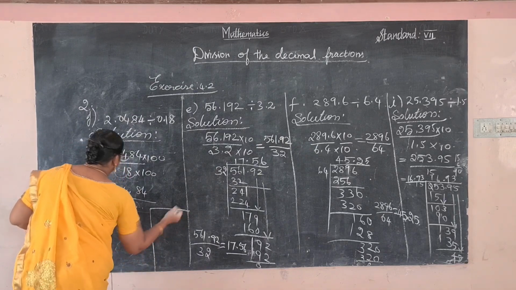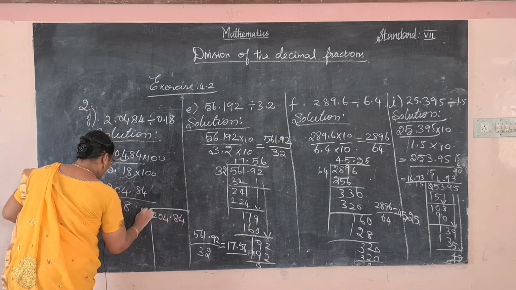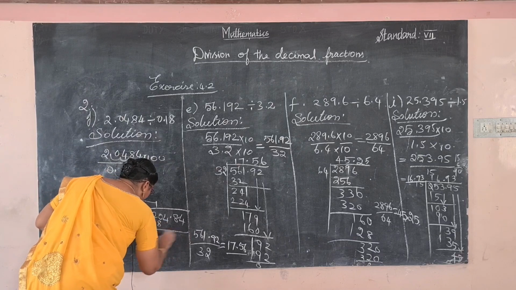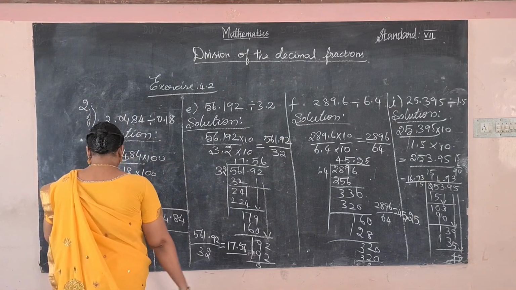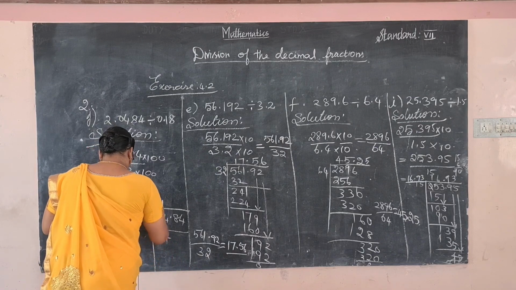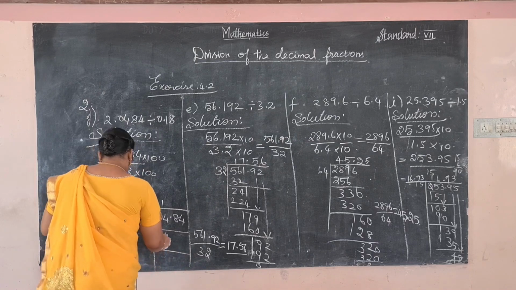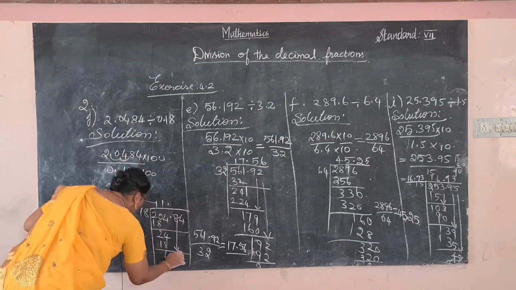Now draw the long division. 204.84 divided by 18. How many times is possible? 18 one time. Bring down the 4. How many times? 24, this is also one time, 1 times 18. The remainder is 6, put the decimal point. Bring down the 8, so 68.